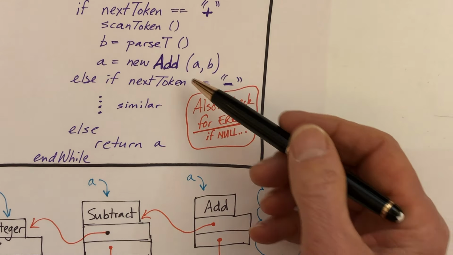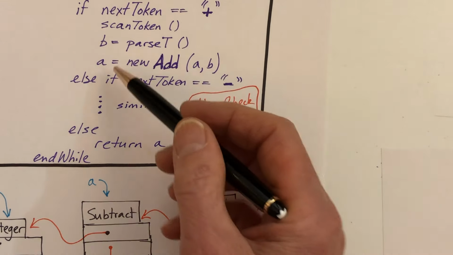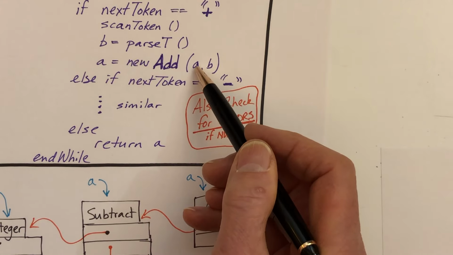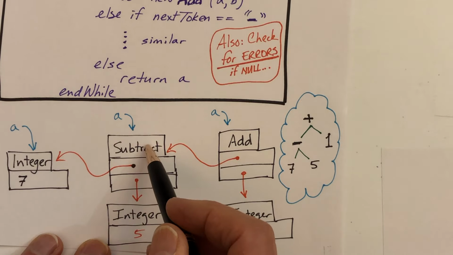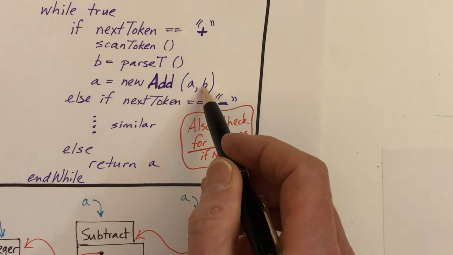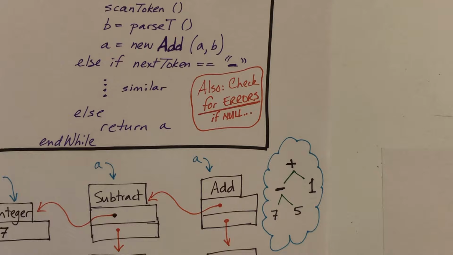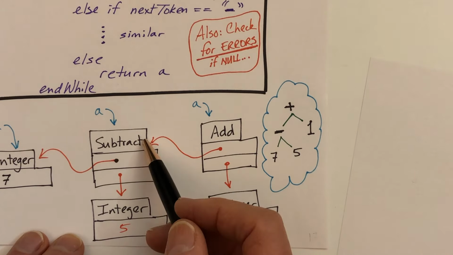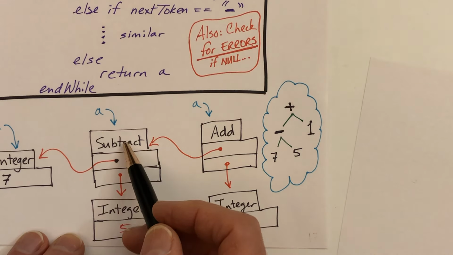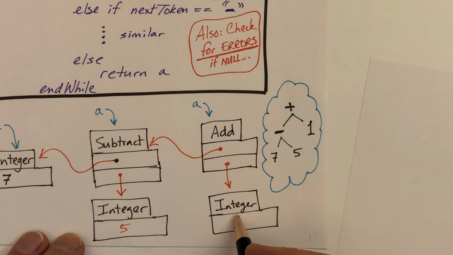And we create a new add node using the old previous tree, A, which is this tree right here, and the new one that we just picked up, the integer 1. So here we build our new node. Our left pointer goes to the previous version of A, and our right pointer goes to the integer 1.